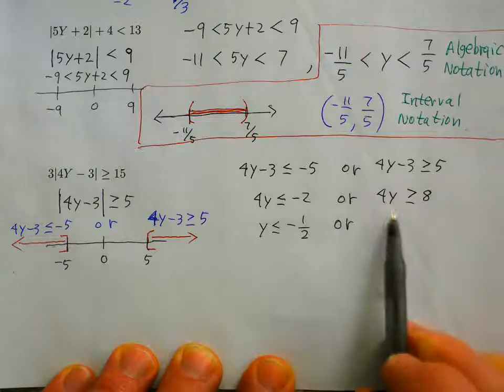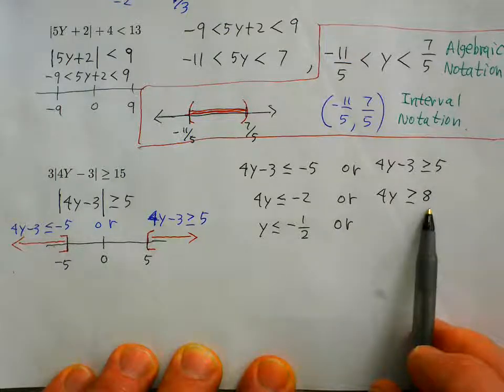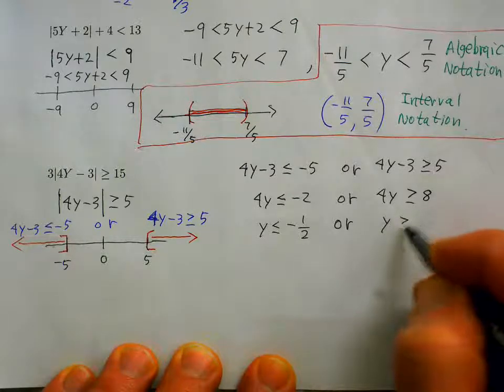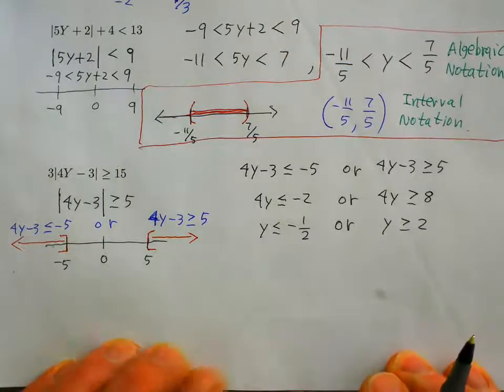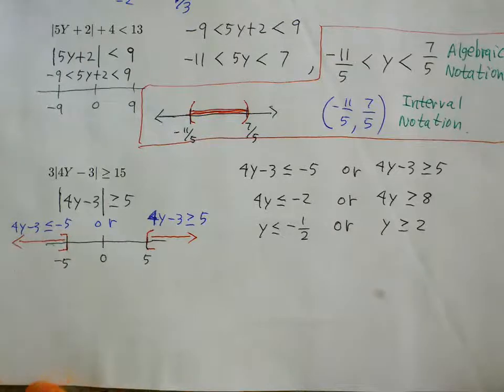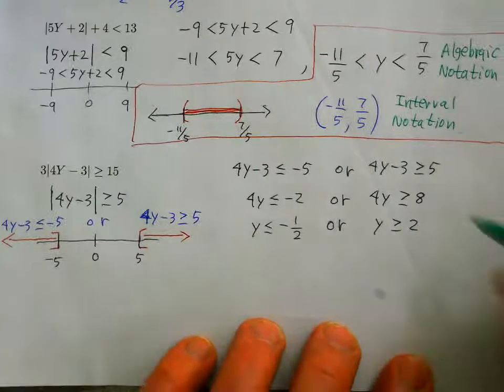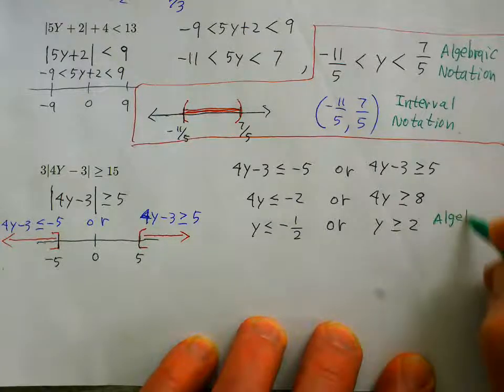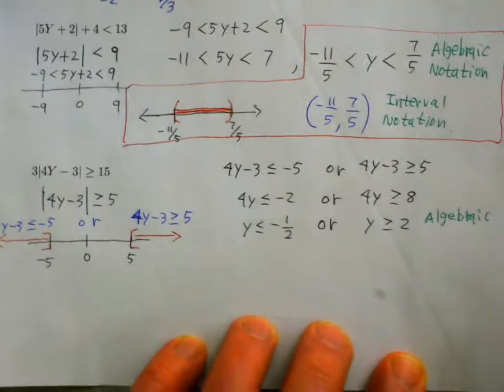Or 4y greater than or equal to 8. When we divide both sides by 4, we get y is greater than or equal to 2. Okay, so that is the algebraic notation. The word or is used in this compound inequality.